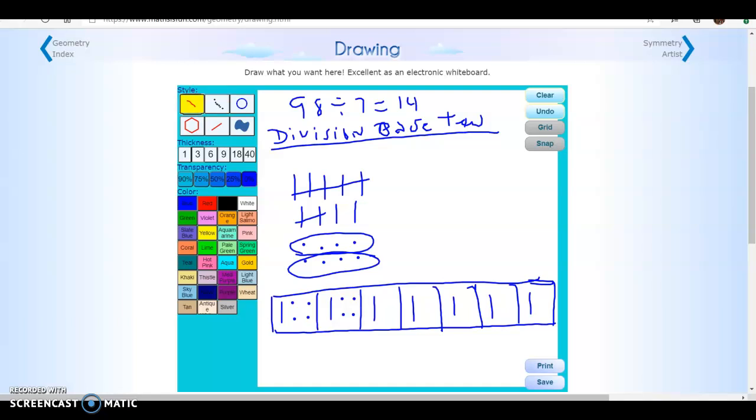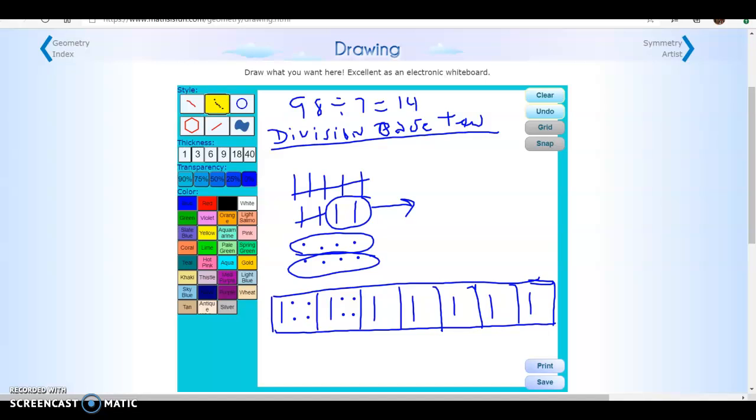So I need more ones, of course, and so we have 2 tens sitting here that we're going to break down into our ones. So we'll just go over here and we're going to break those tens down into 10 ones.